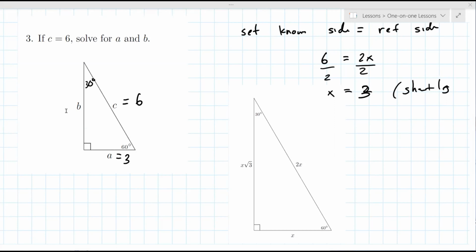So b here is the short leg times the square root of 3, so it's 3 square root 3, because you take whatever your short leg is and multiply it by the square root of 3.